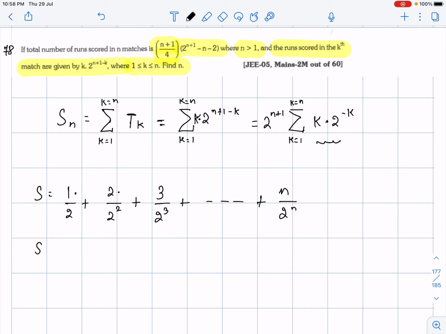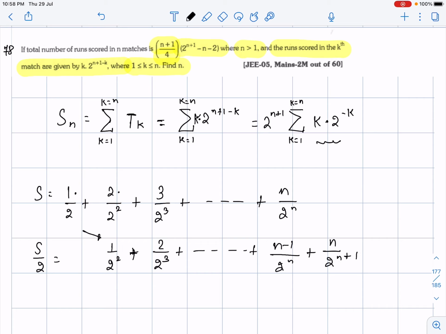Now when I compute S/2, that will become 1/2², shifting terms by 1 and multiplying by 1/2. Then 2/2³, goes on up to (n-1)/2^n, plus n/2^(n+1).